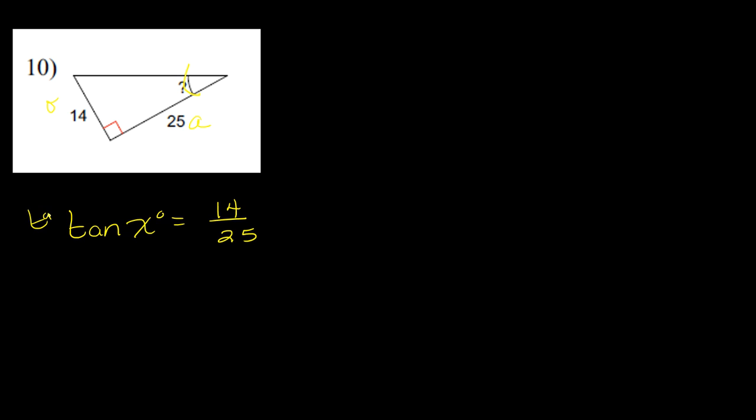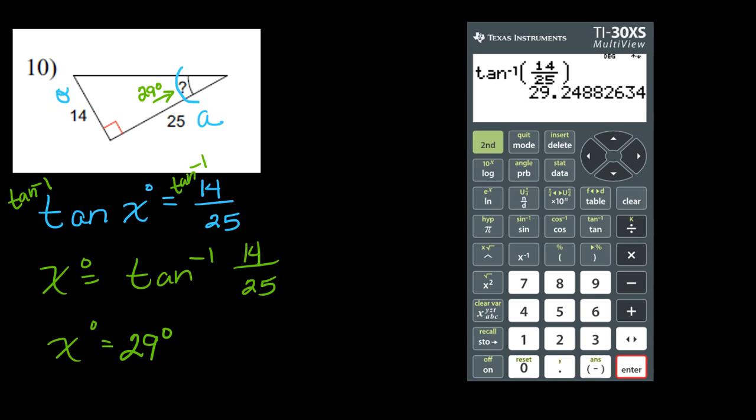We're going to do the inverse. We're going to do second function tangent, n over d, 14 over 25. And we get 29 degrees.